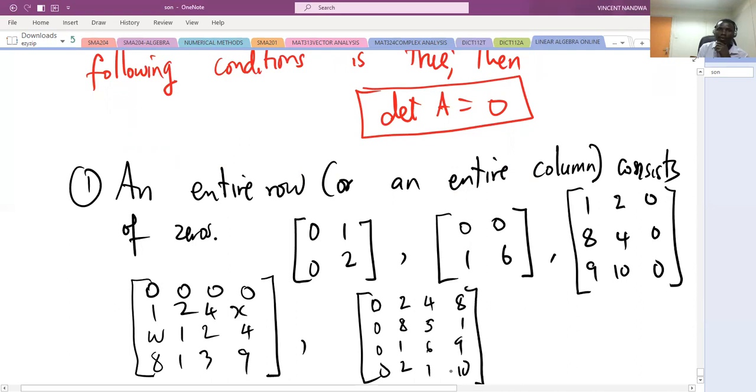You don't care. Once you see that a column has all zeros or a row has all zeros, then the determinant of all these matrices is zero.